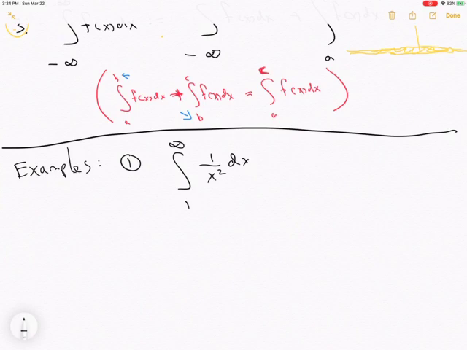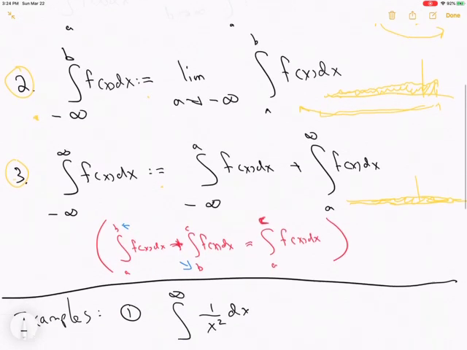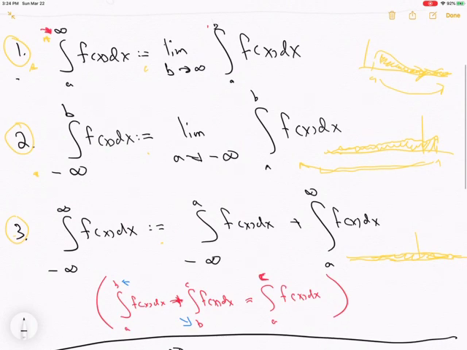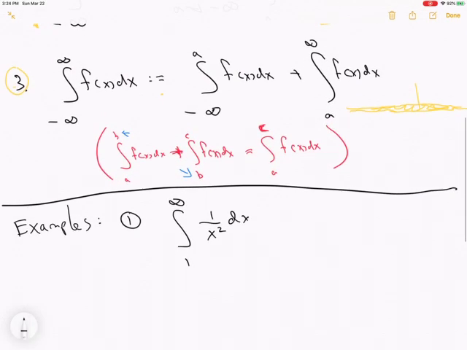Well, we're in situation 1 over here. So by definition, this is just the limit as b goes to infinity. You don't have to use the symbol b, you could use any symbol you want, but 1 to something as that something gets bigger and bigger.